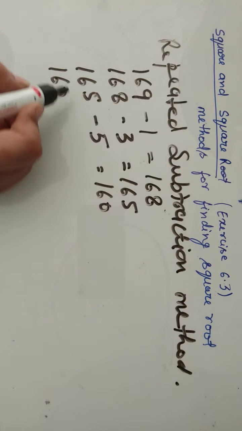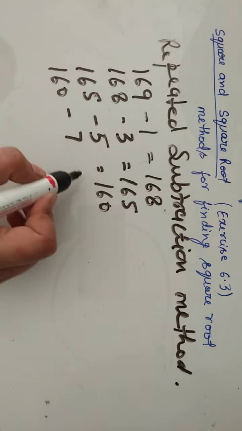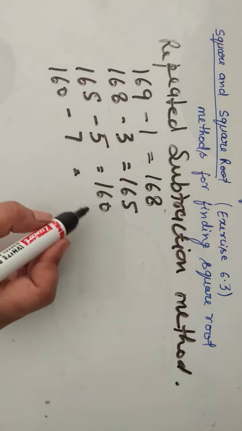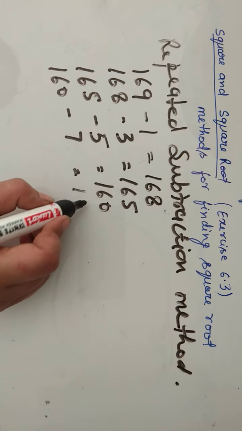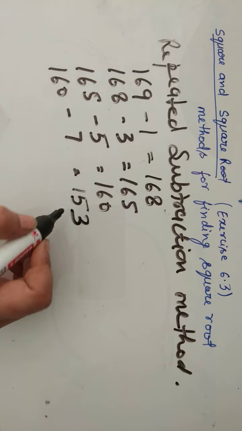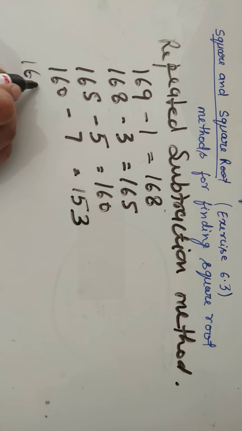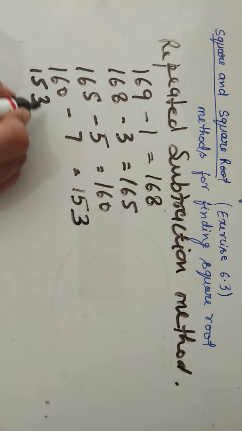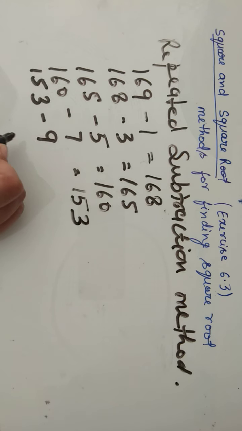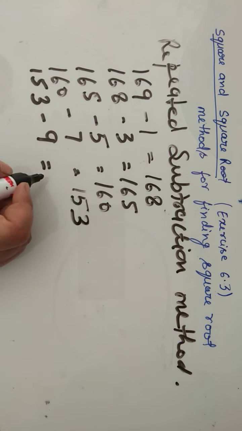Then we subtract 7 and the result is 153. Then from 153 we subtract 9 and find out the result.